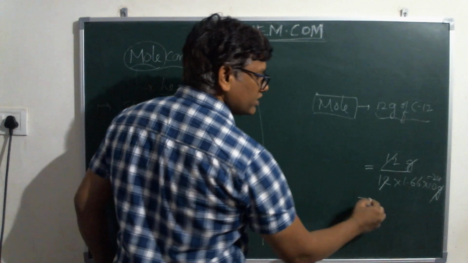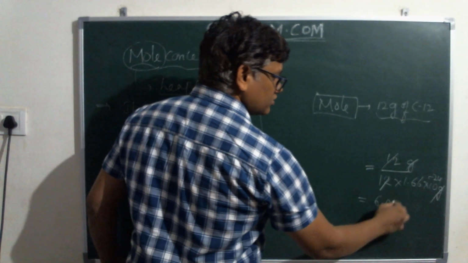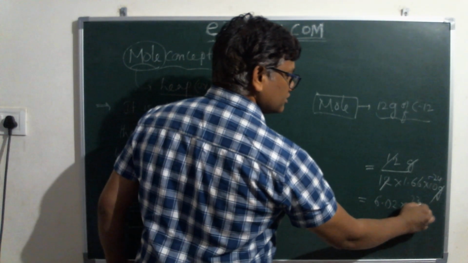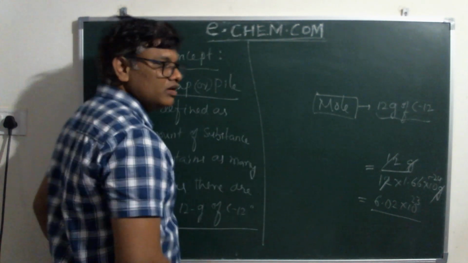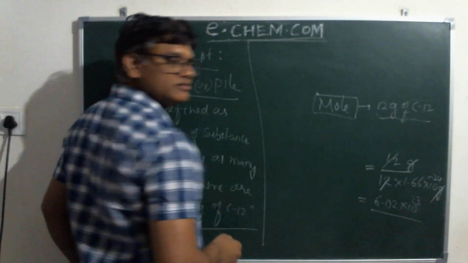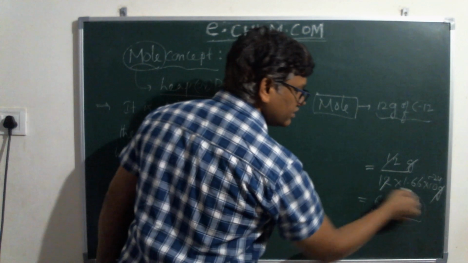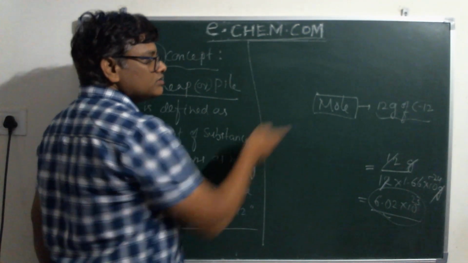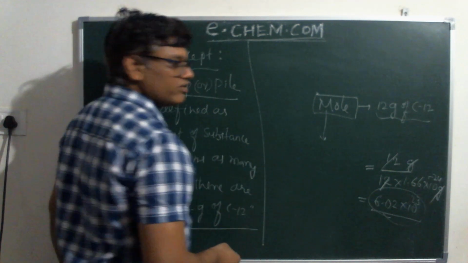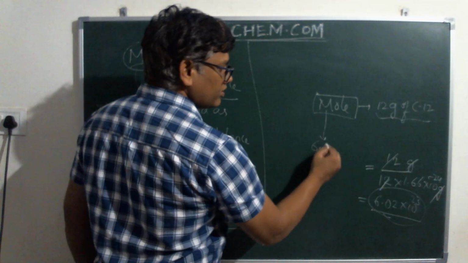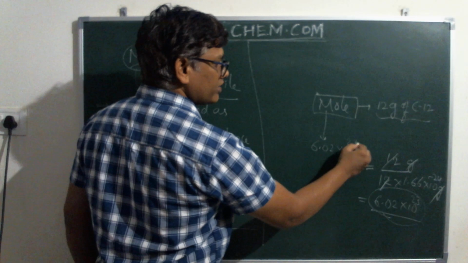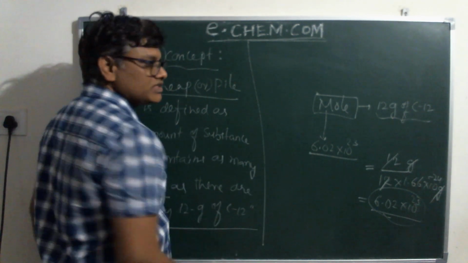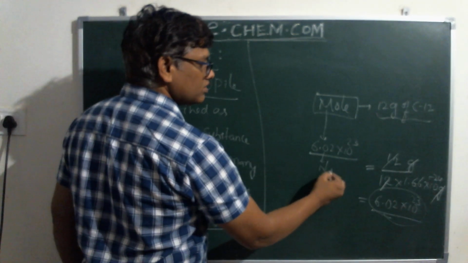On calculation you will get 6.02 into 10 power 23. So 12 grams of carbon 12 contains these many carbon atoms. So this mole also could be taken as equivalent to these many carbon atoms. This is nothing but Avogadro's number.